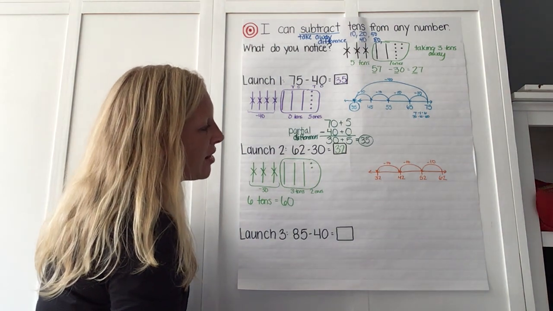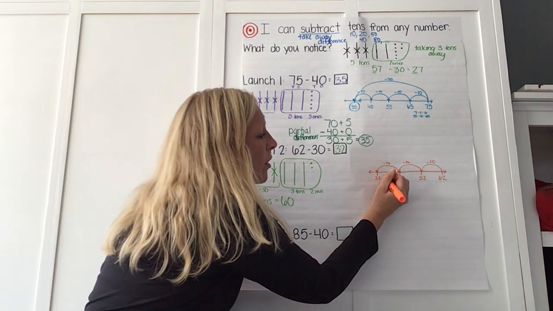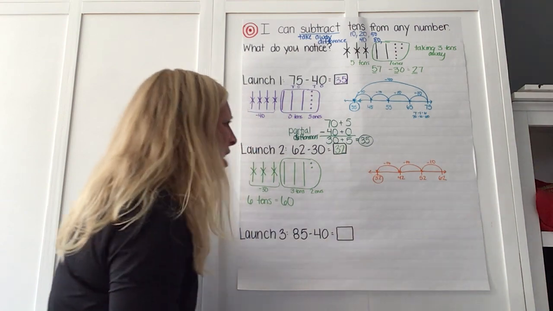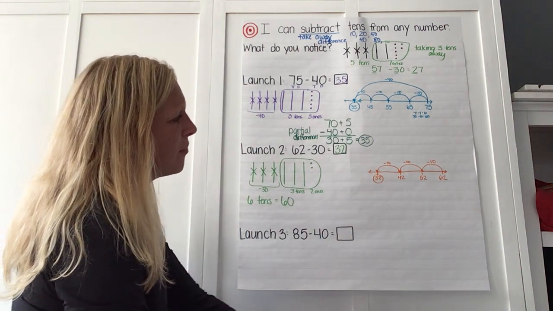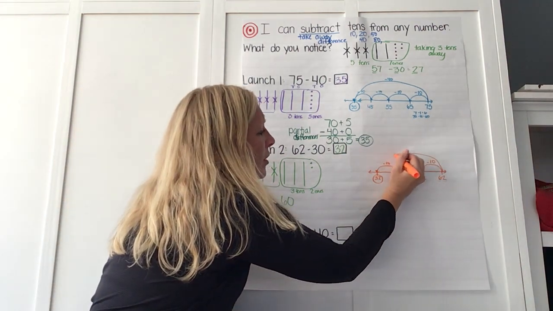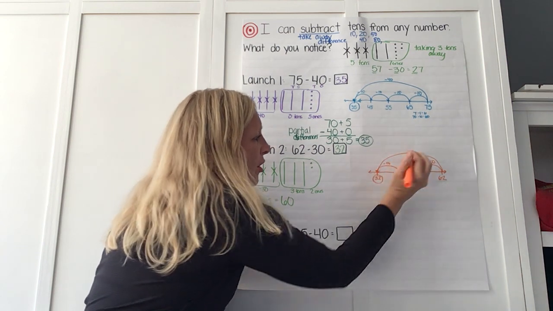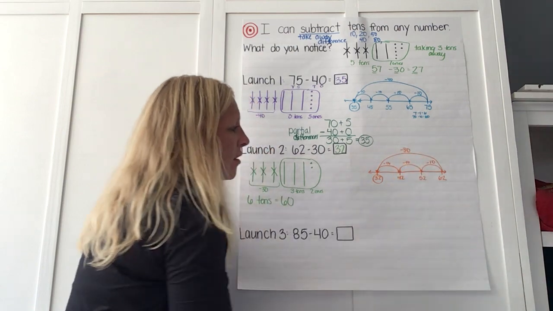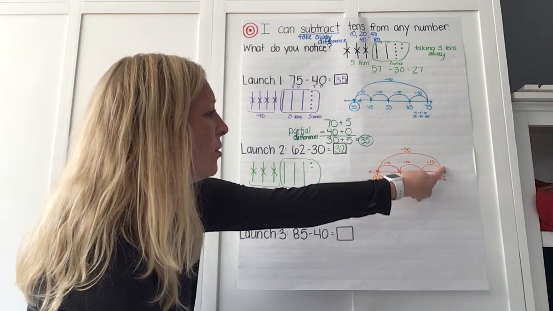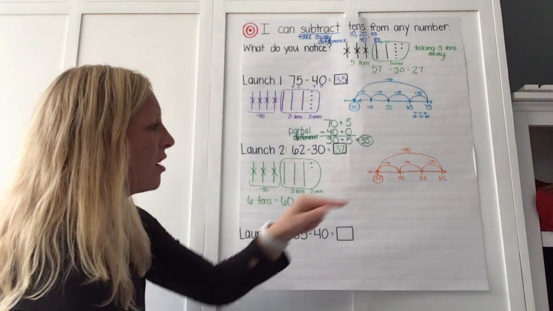And so where is your answer in that work? It's that 32. Where is your takeaway 30 in this problem? In your 3 hops of 10. 10, 20, 30. Started at 62, took away 30, landed on 32.